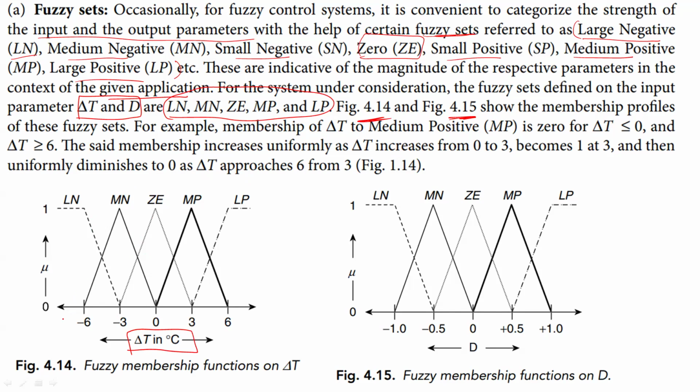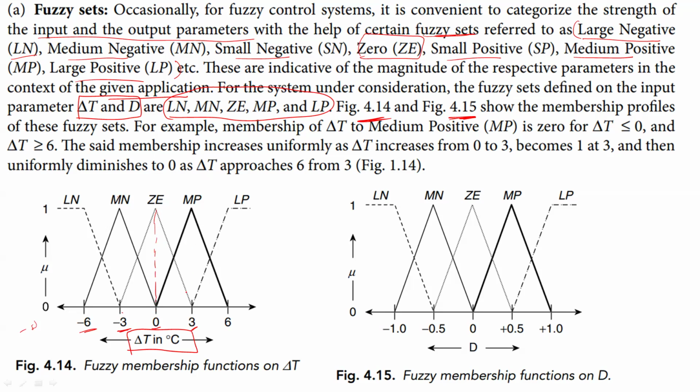When the value varies from minus infinity to -3, it is large negative. When the value is between -6 and 0, it is medium negative. When the value is between -3 and 3, with 0 exactly mapped at the peak point of ZD, you can see here, it is 0.